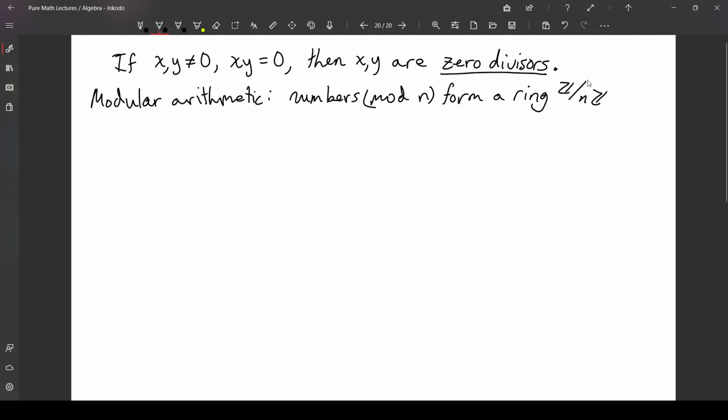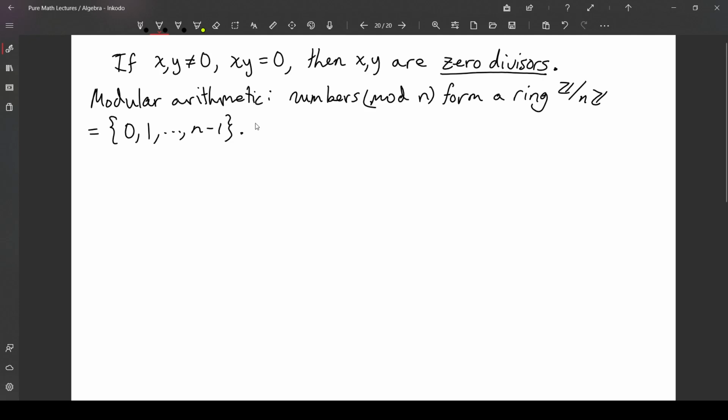And this notation will kind of make sense after we learn a little bit about ideals. So as a set, you can think of this as 0, 1 through n minus 1. Okay. So in other words, these are the remainders that you can have, mod n. And then addition and multiplication are done normally, but then you have to take the remainder after you do the operation.